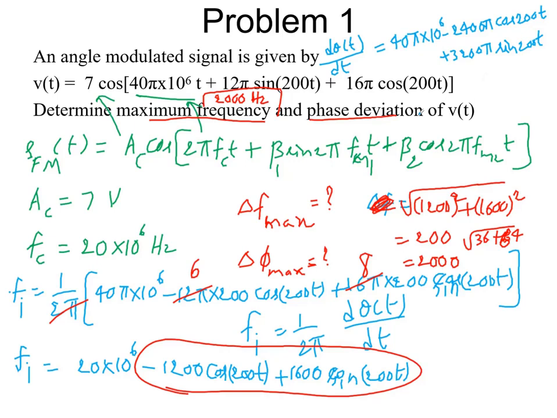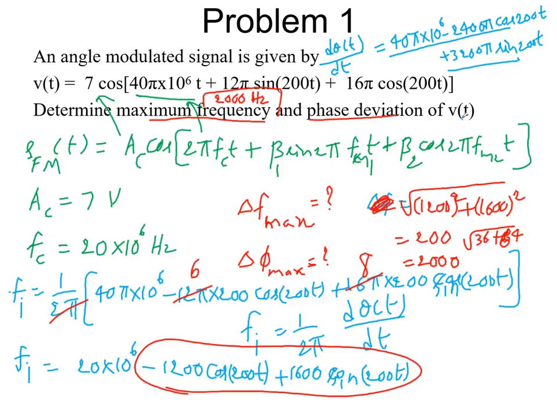It will be in the form of, suppose sine becomes 0, cosine becomes 0, or otherwise the ratio 2400 and 3200. You simplify the maximum value of this, and you get the maximum phase deviation of v of t.